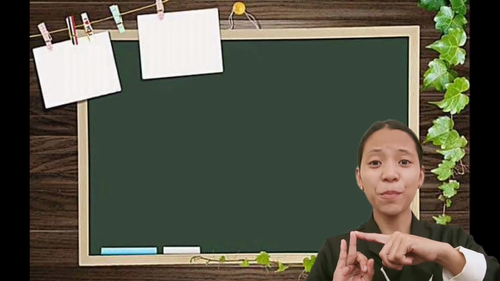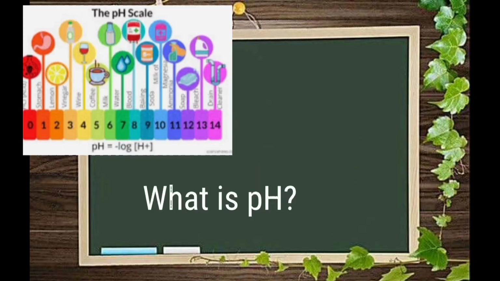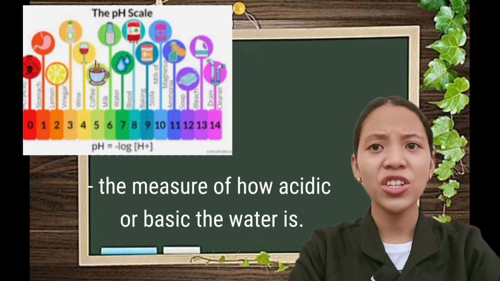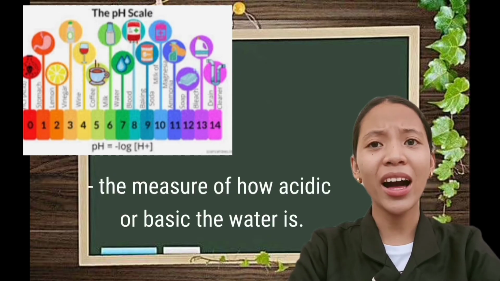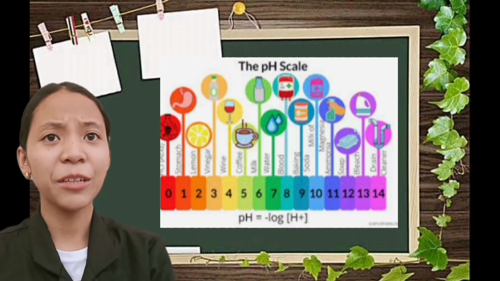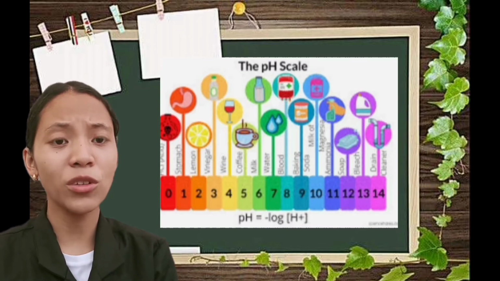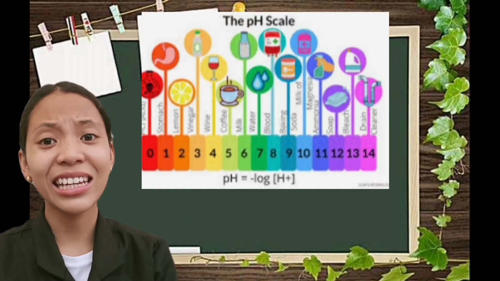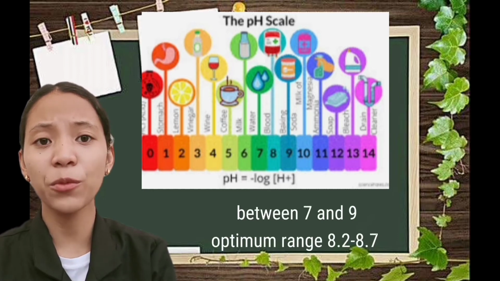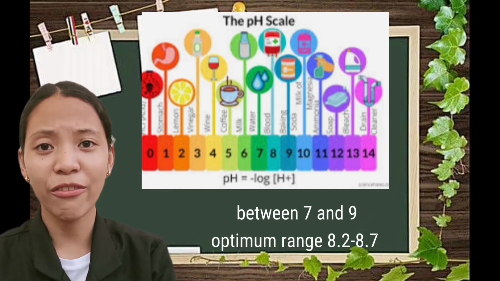Second is the pH. What is pH? pH is the measure of how acidic or basic the water is. The pH range for most algal species is between 7 and 9, with the optimum range from 8.2 to 8.7.